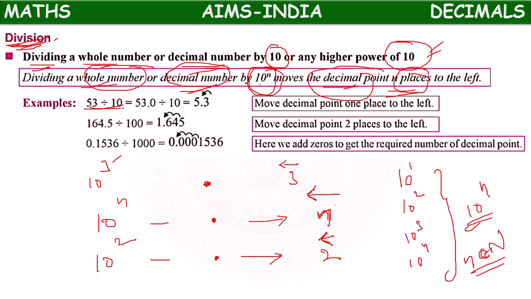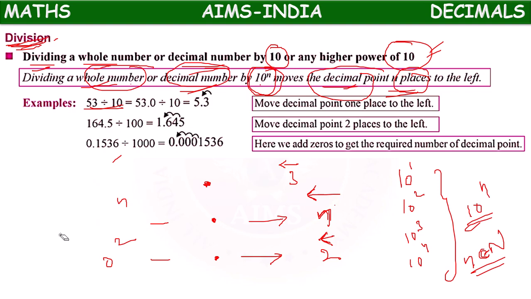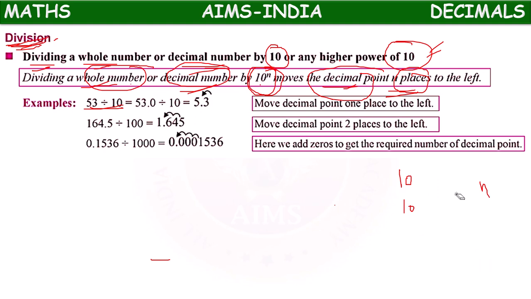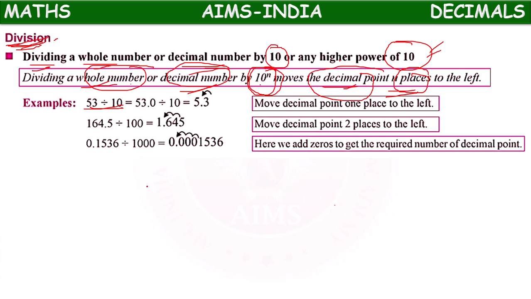So in example 1, they have given 53 divided by 10.